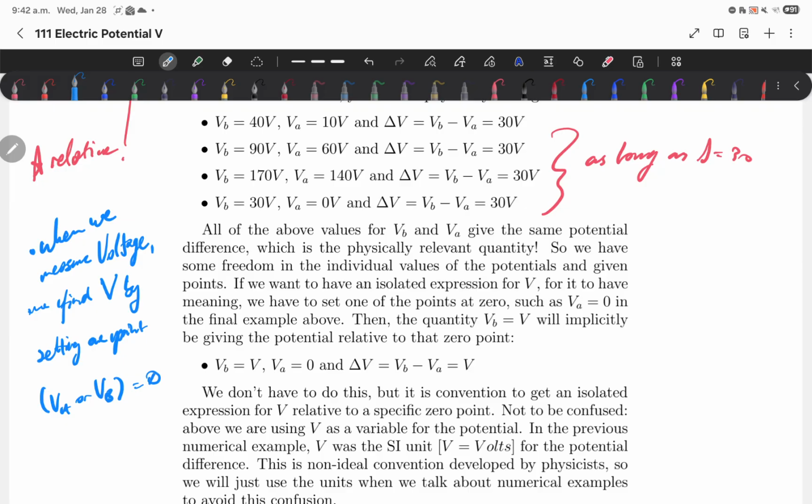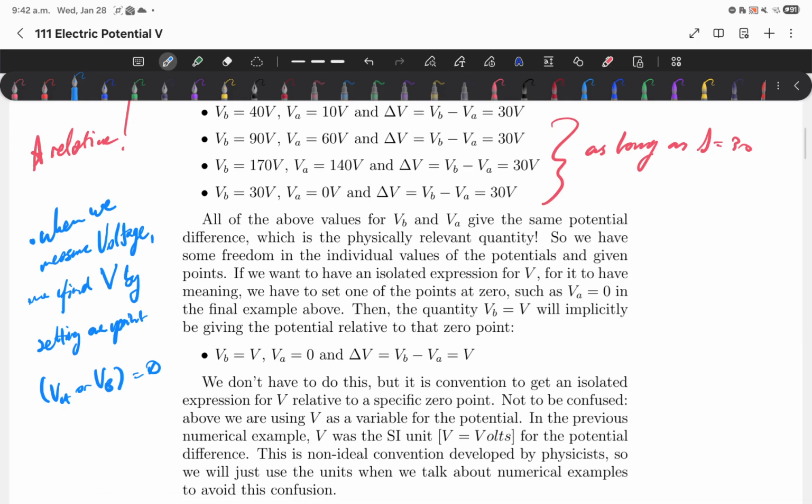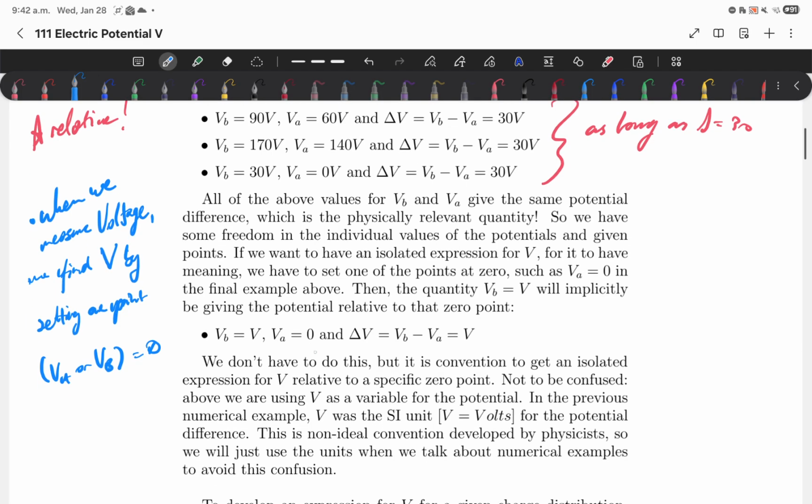And VA we'll set equal to 0. We'll say at this point, potential 0, such that our delta V is just V, whatever that value is relative to 0. So this allows us, instead of always working with this delta, to get an isolated expression for V.